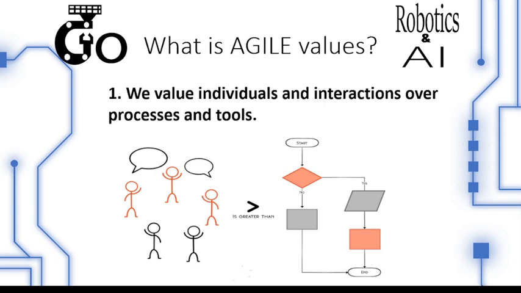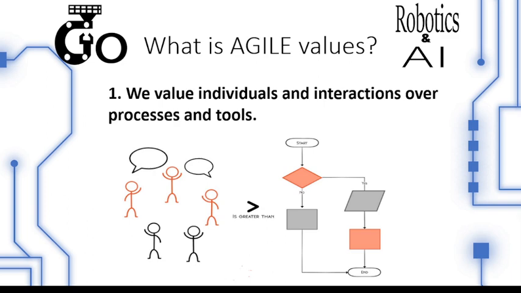So the first and the most important thing is the agile team. The team that follows the agile methodology should focus on individuals, the interaction between individuals and the environment which each individual and person is working in.